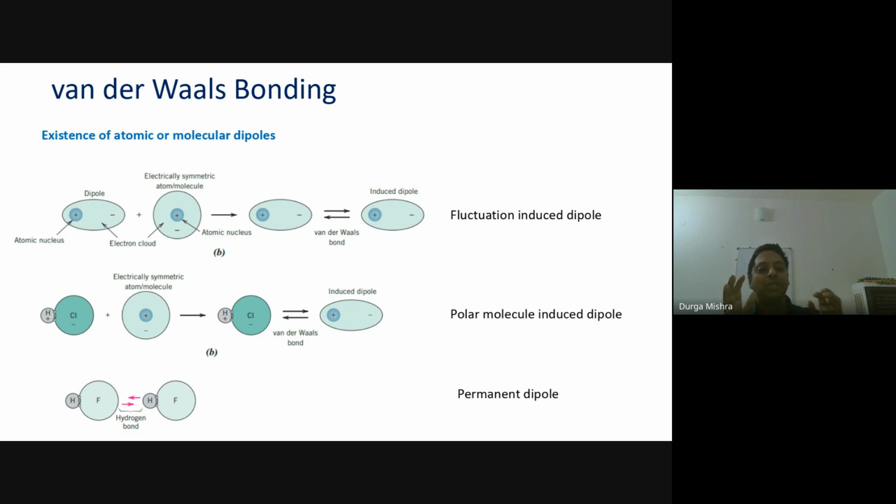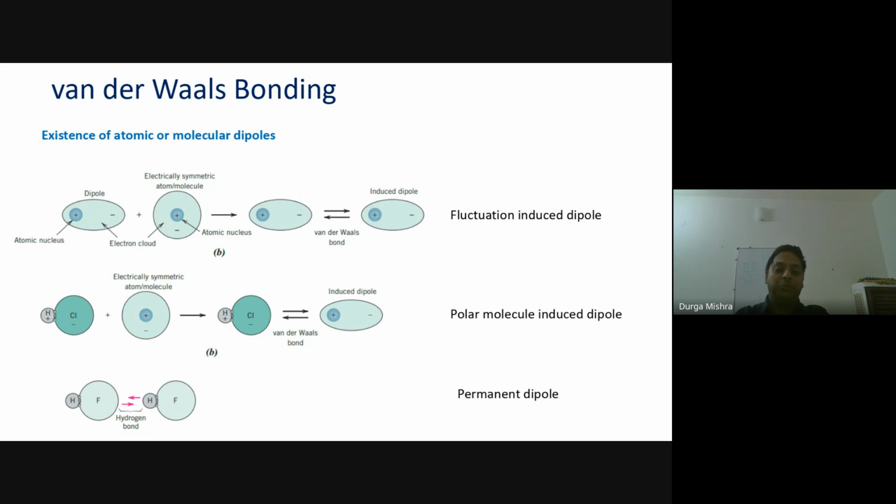Now, if you bring such a molecule close to a symmetric molecule which doesn't have a dipole, because of its asymmetric charge distribution, it will induce a dipole in the symmetric molecule, and then there will be a van der Waals interaction between the polar molecule and the induced dipole. So that is one way of making this van der Waals bonding.